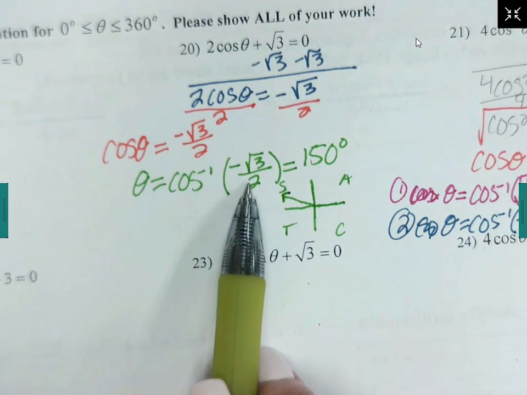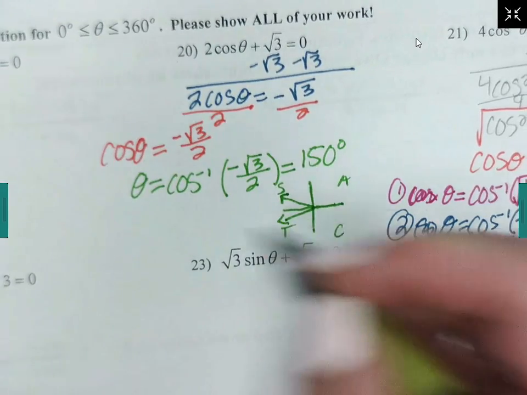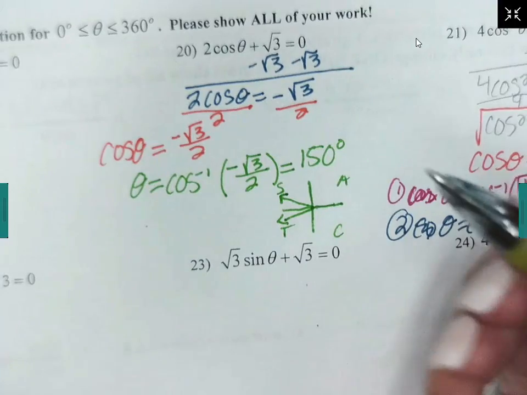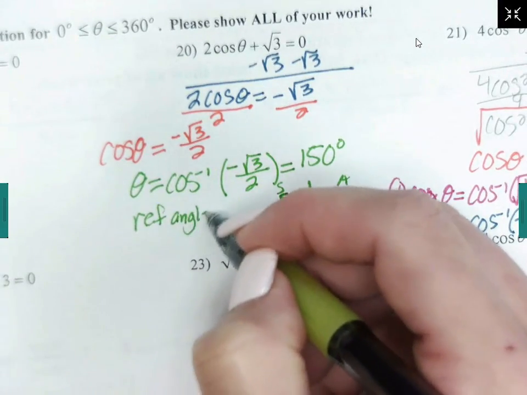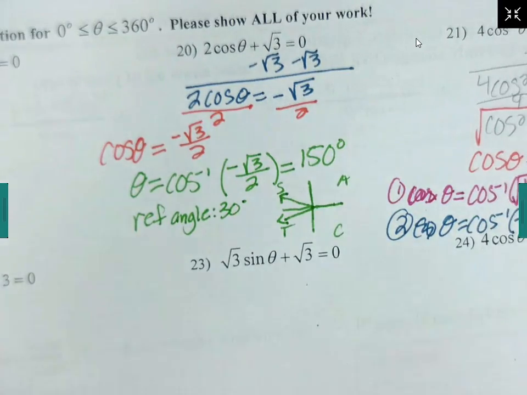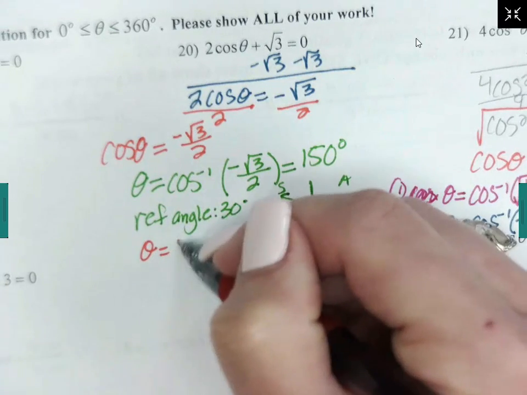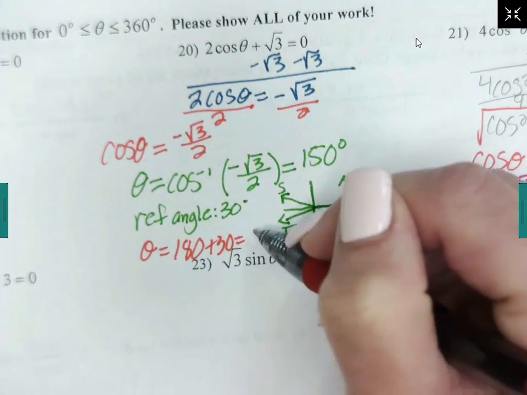And what would that be? Third quadrant, okay? All right, so we know that our reference angle is how many degrees? Our reference angle is 30 degrees, okay? So our other theta in the third quadrant is just 180 degrees plus 30 degrees, which will give us 210 degrees.